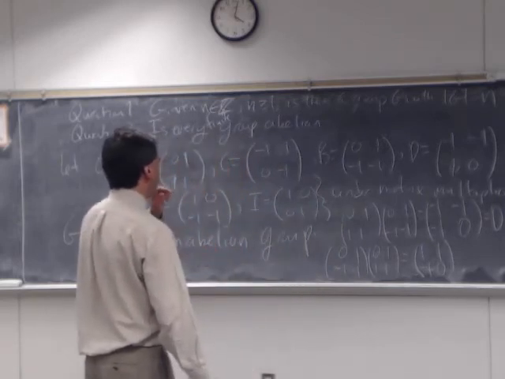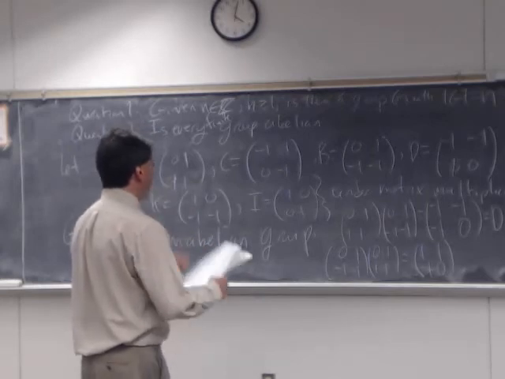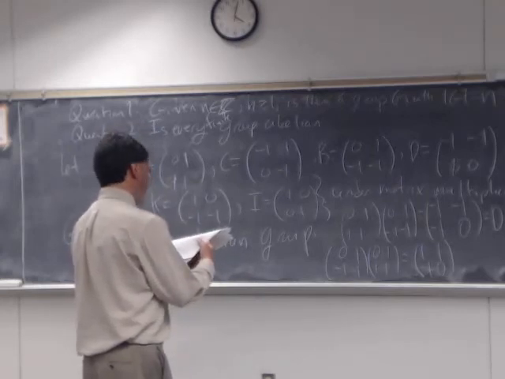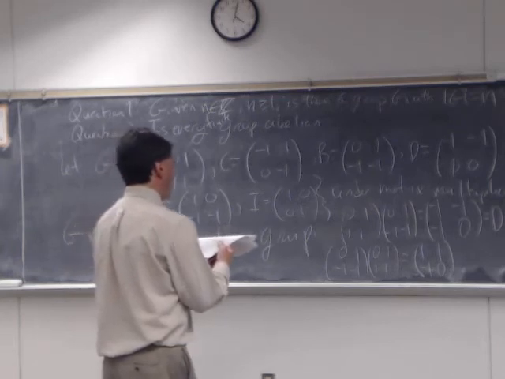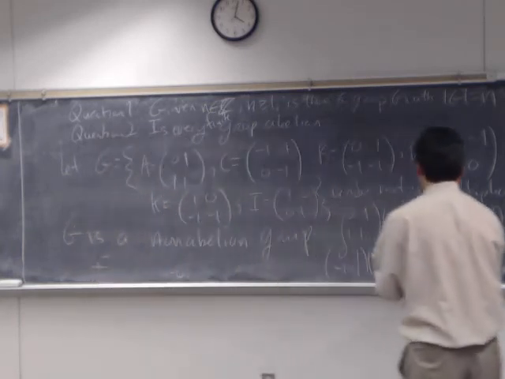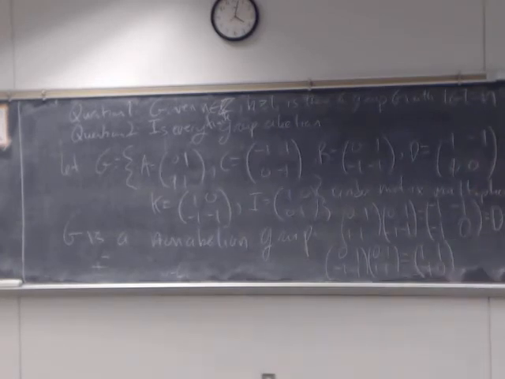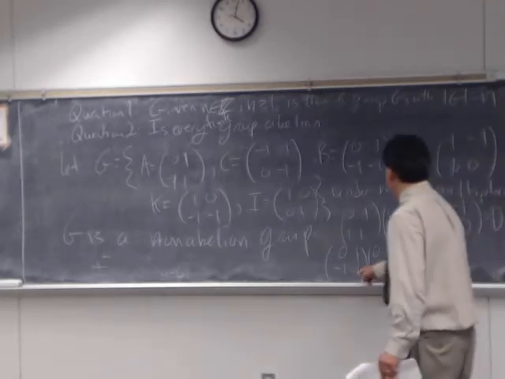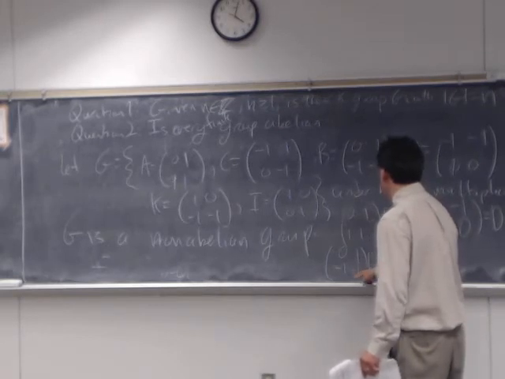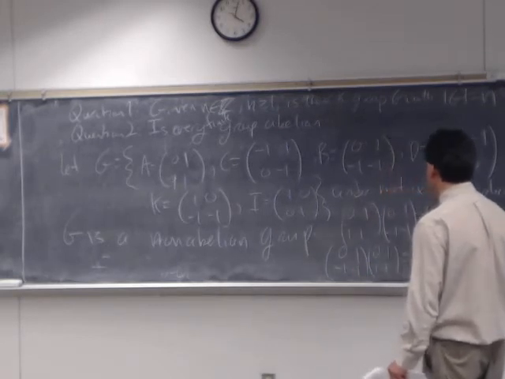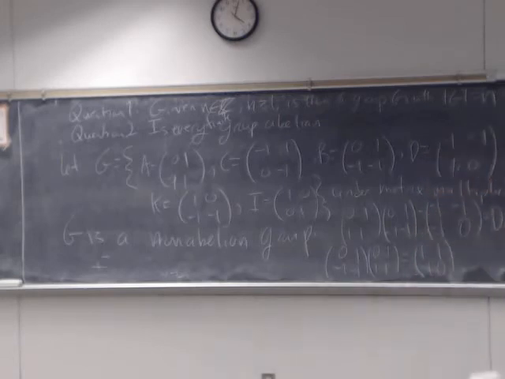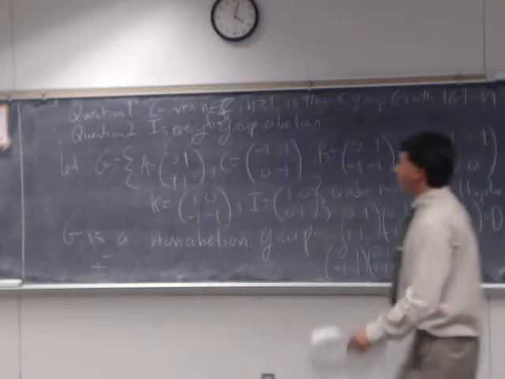That's D, A, B. Or did I miscopy? No, that's K. Let me make sure that's right. 1, 1, that's fine. For the top row, this would be -1. Is this matrix A? All right, yeah, so I've miscopied A yet again.